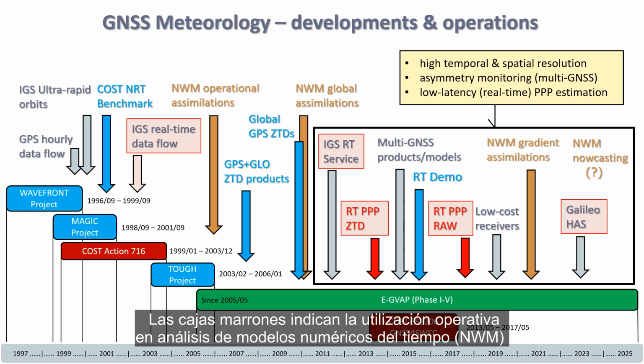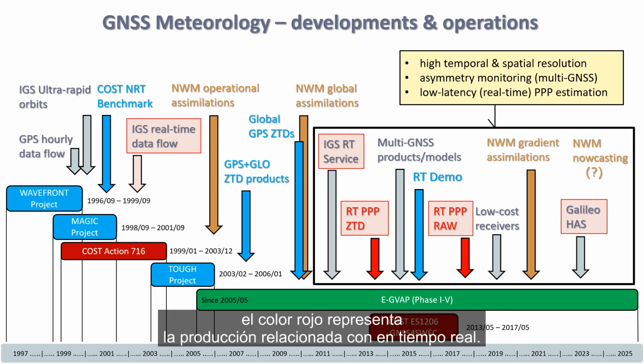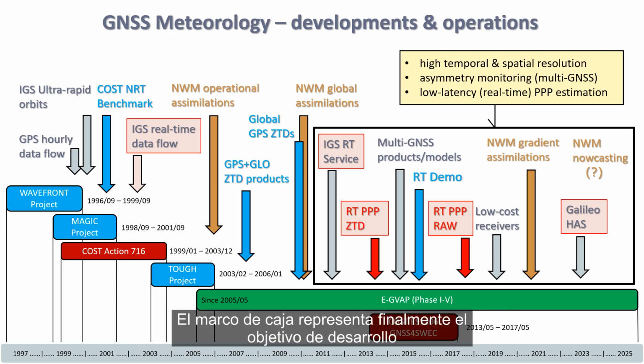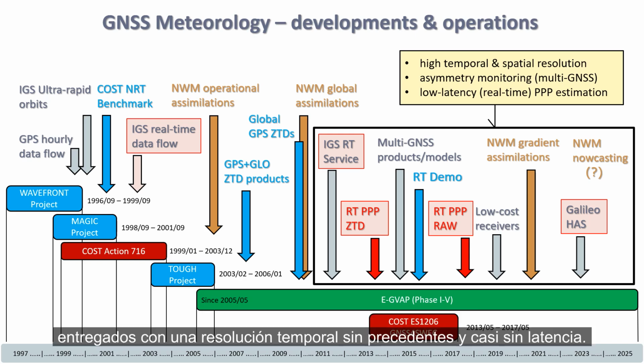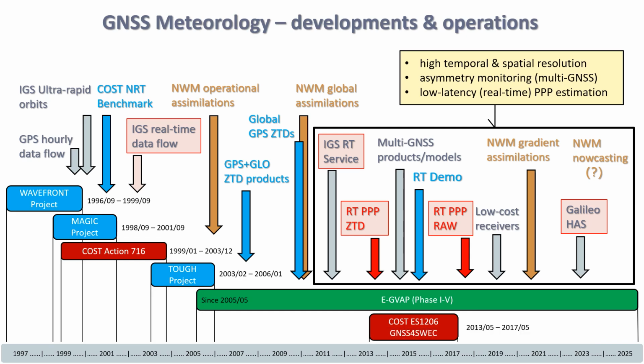Brown boxes introduce operational utilization in numerical weather model analysis. Red color then represents real-time related production. The box frame finally represents target developments of continuous GNSS tropospheric multi-parameter products delivered with an unprecedented time resolution and almost no latency.